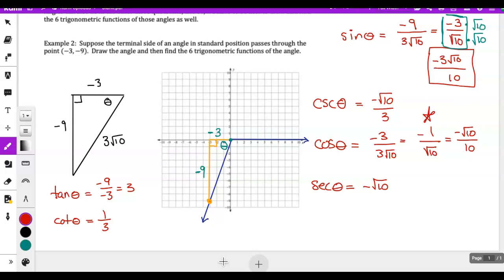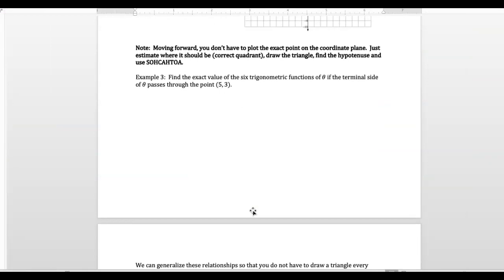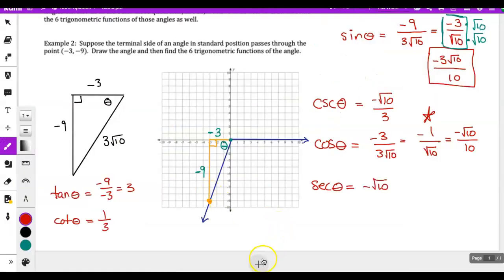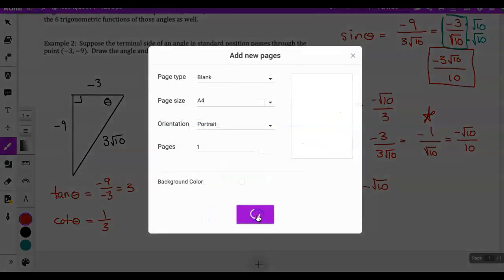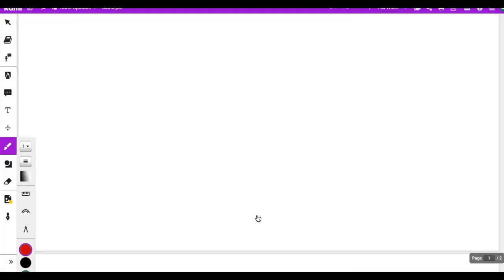You don't have to plot every single point. So I'll show you what we ended up doing after that. We started just drawing every triangle without actually plotting the point. You just have to know what quadrant you're in. And I'll explain why you have to know what quadrant you're in as well.